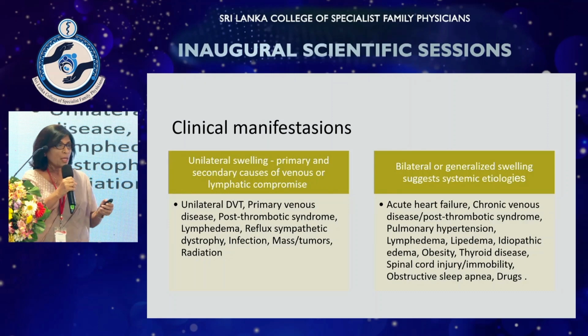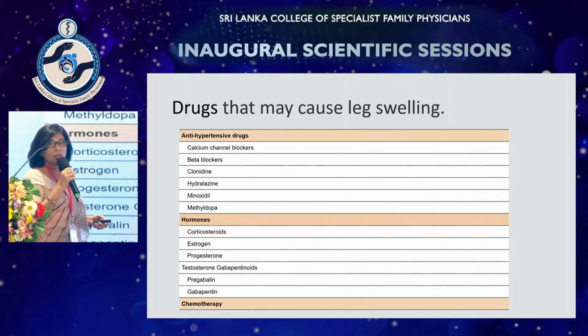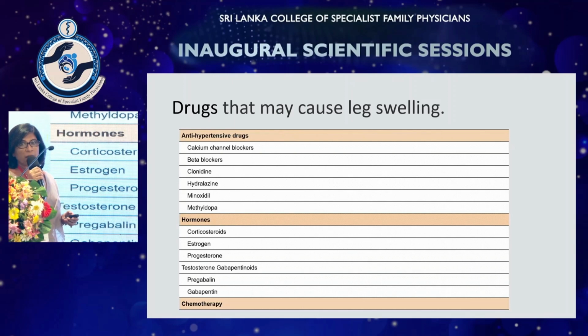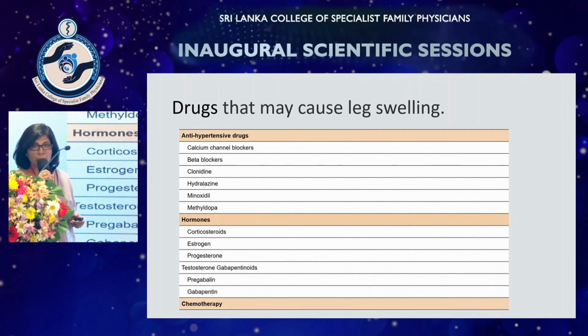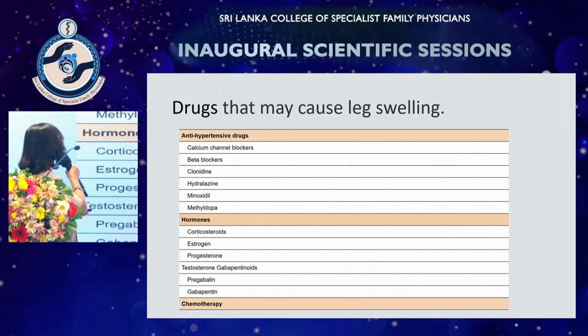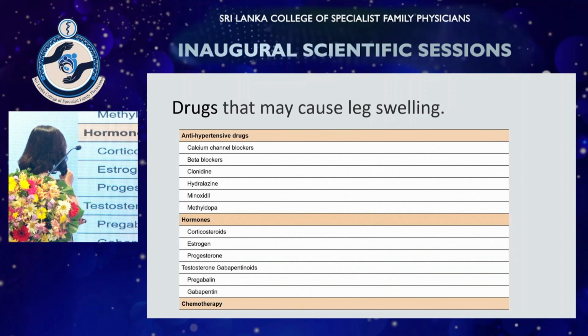day to day. So I would like to draw your attention to the medications we use every day which can cause edema or swellings. Especially the antihypertensives, the calcium channel blockers, as you all know, and beta blockers, clonidine, hydralazine, minoxidil, methyldopa. If you use them, then we have to go for the drug history.